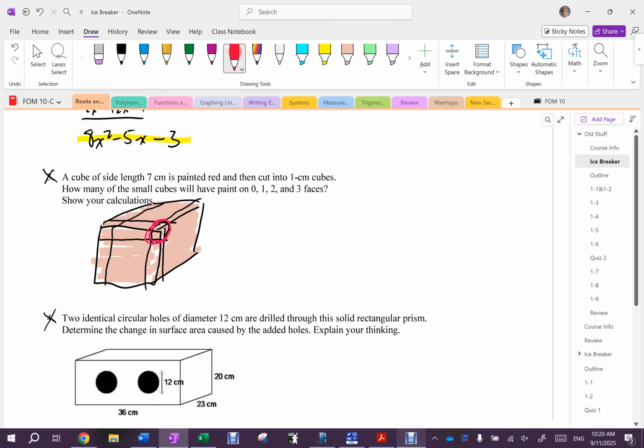No. So every corner is 3 faces. So how many corners are there in a cube? 1, 2, 3, 4, 5, 6, 7, 8. So how many cubes have 3 faces of color? 8. Is everybody with me?